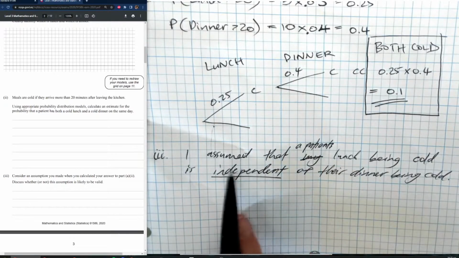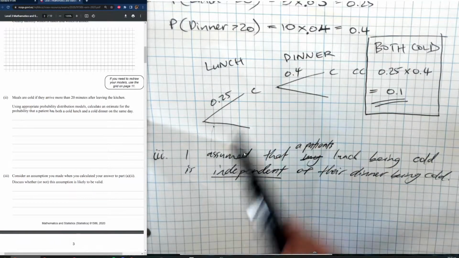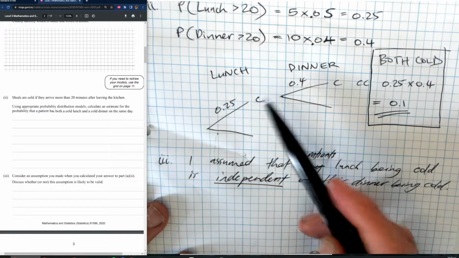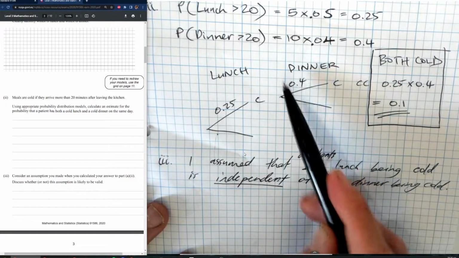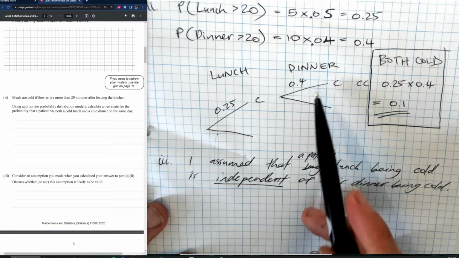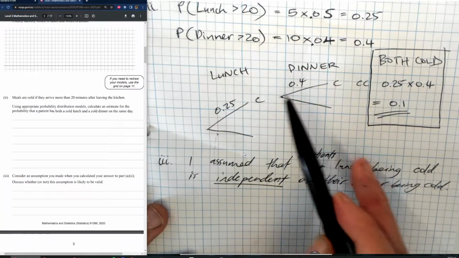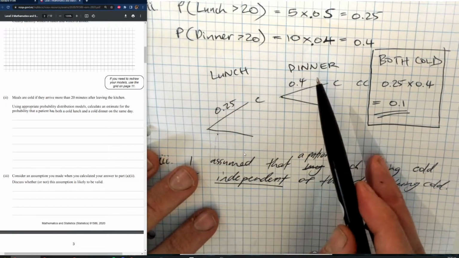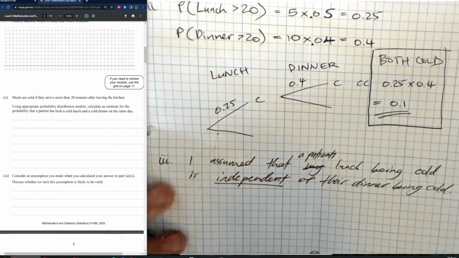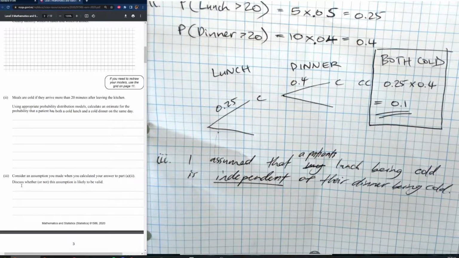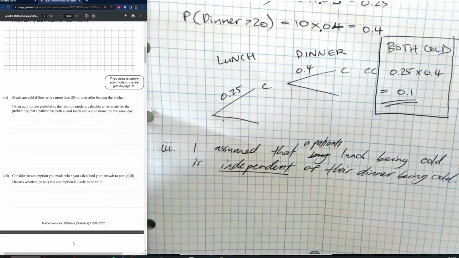It's independence, and remember, independence means that this event happening does not affect the probability of this event happening, right? That this being cold will not have any effect on that being cold, and vice versa. Now, we need to discuss whether this assumption is likely to be valid.